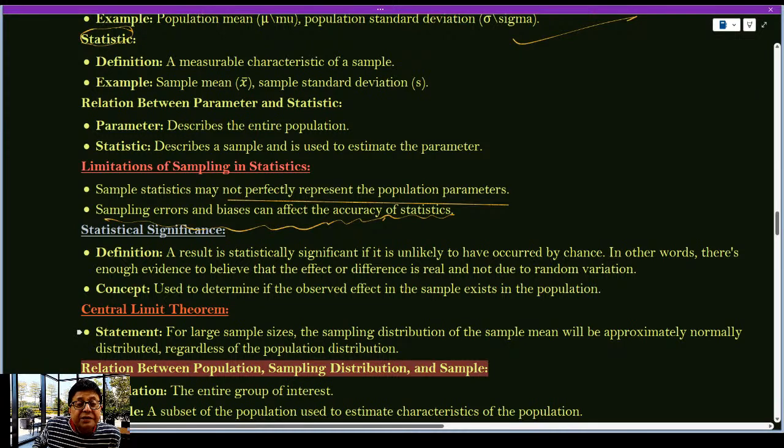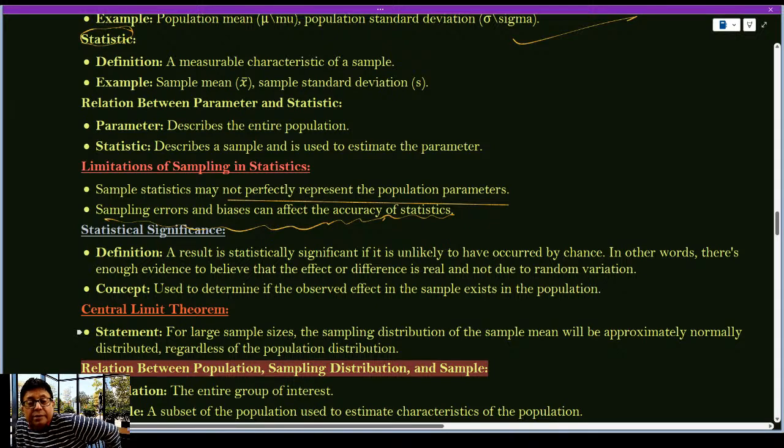A result is statistically significant if it is unlikely to have occurred by chance. In other words, there is enough evidence to believe that effects are real and not due to random variation.